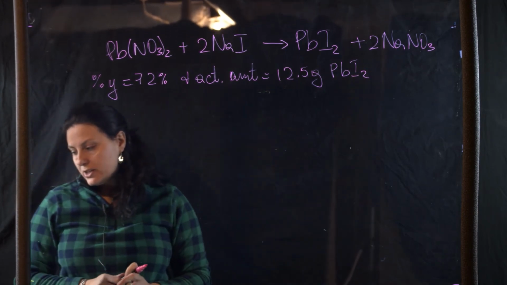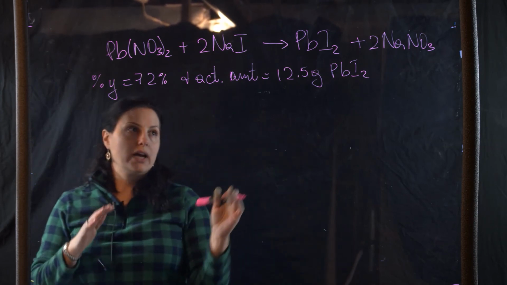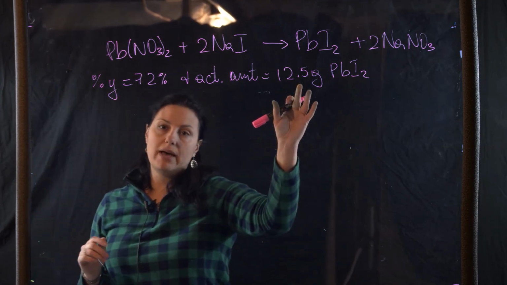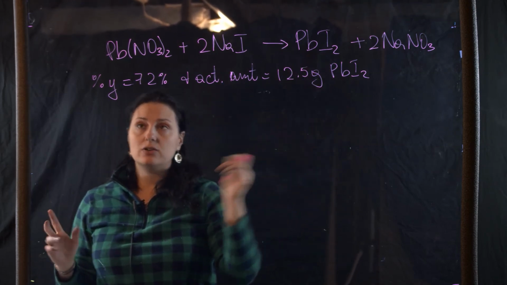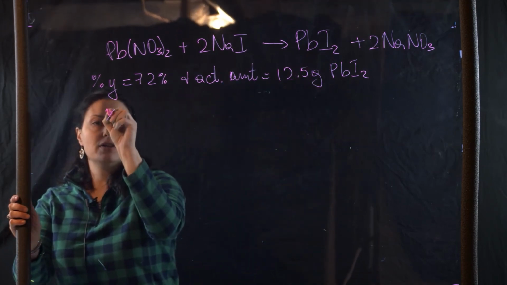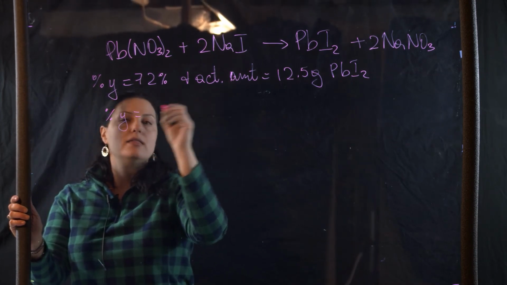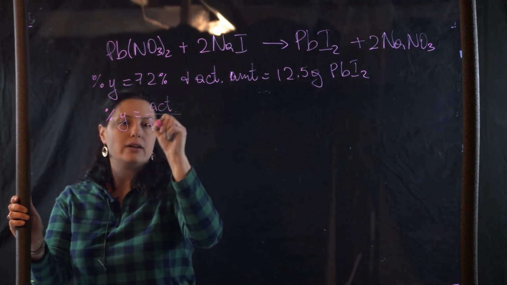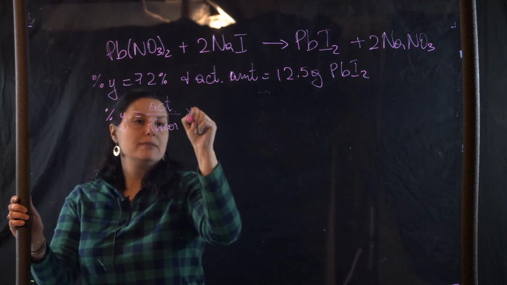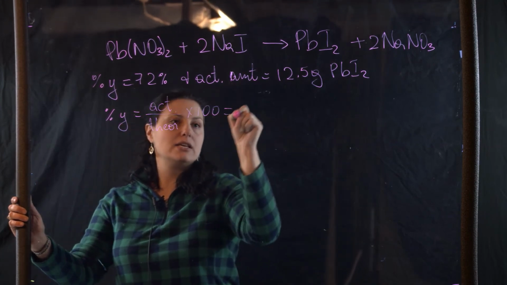What is the theoretical yield from this reaction? Okay, now we're kind of going backwards. We're given the actual amount that was collected, we're given the percent yield, we have to find the theoretical yield. Well, what do I know? I know that the percent yield is equal to the actual amount over theoretical times 100. And this, the problem tells me, is equal to 72%.